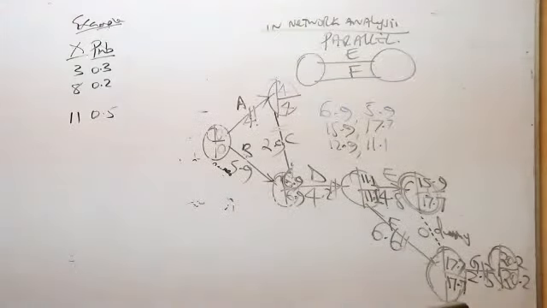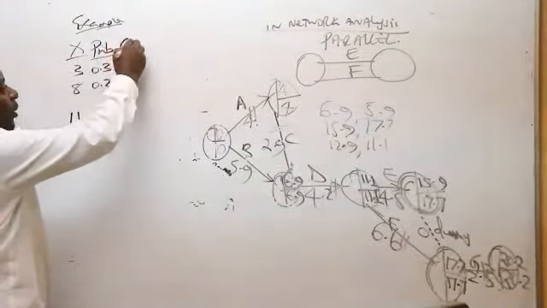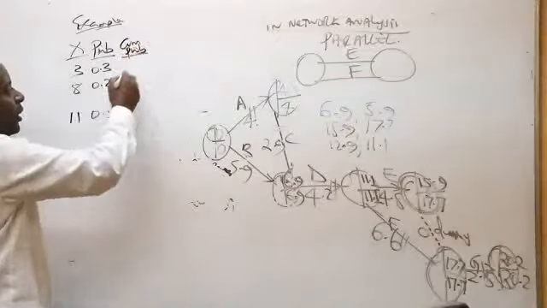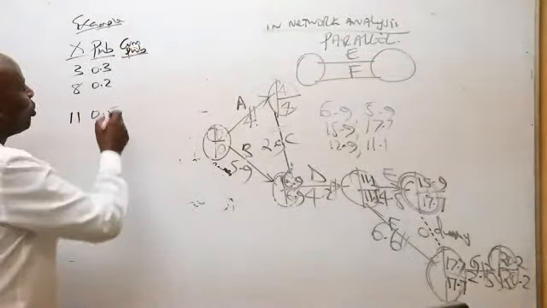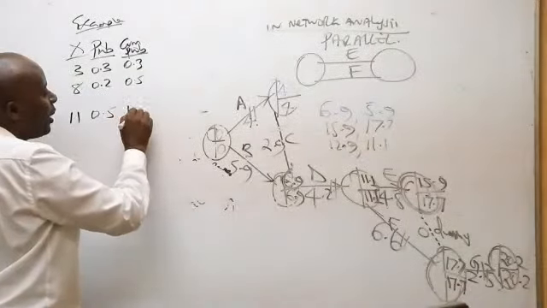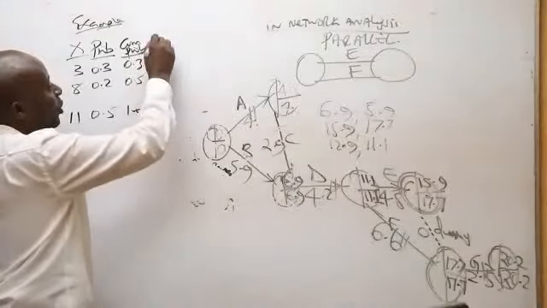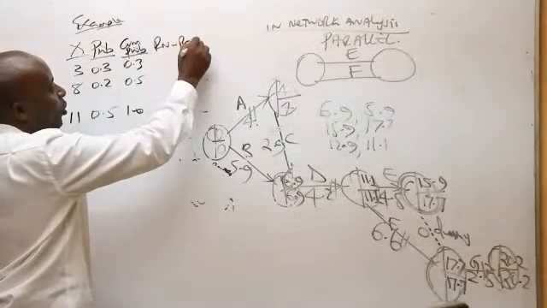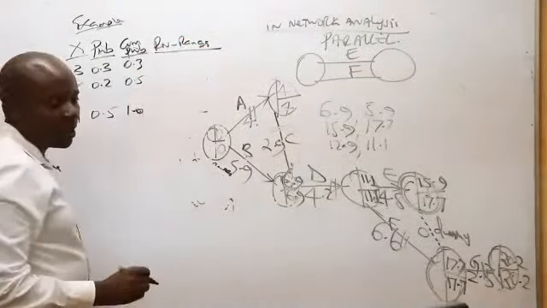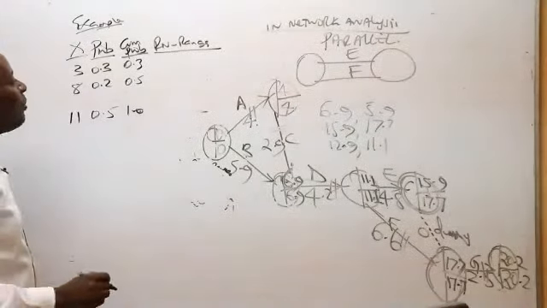Okay, thank you very much. The first thing I need to do is give the cumulative probabilities. We have 0.3, 0.5, and then 1.0. From there, I need to provide the random number ranges.